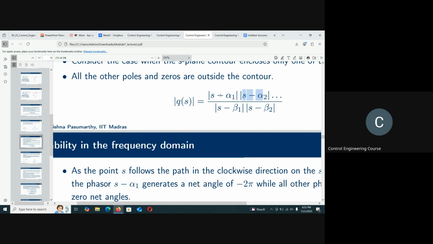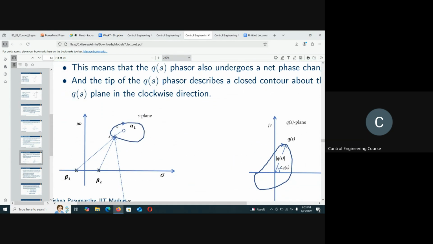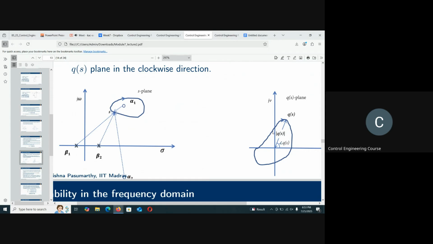Only this part makes Q of S complete the full circuit around the origin. Since it's a zero, it completes in the same direction, clockwise. Do you get this? It's actually very simple once you understand it. Initially, it is kind of tough.